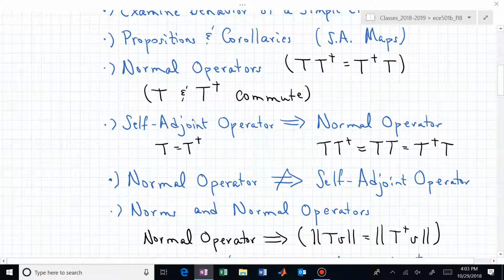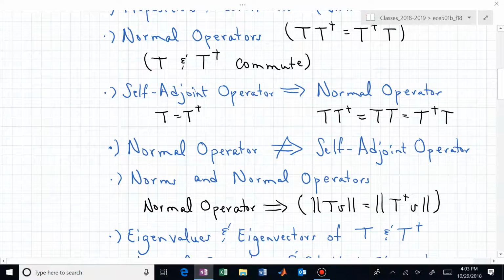Meaning the linear map and its adjoint commute. If you're thinking matrices, that's like AB is equal to BA. Here we're dealing with maps, so the linear map applied to its adjoint equals the adjoint applied to the linear map.